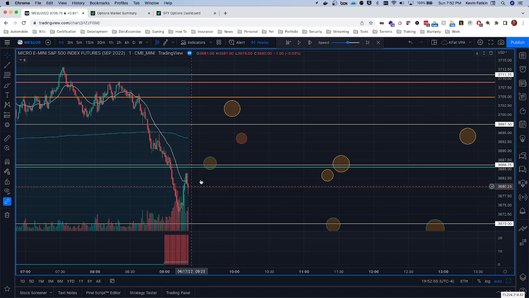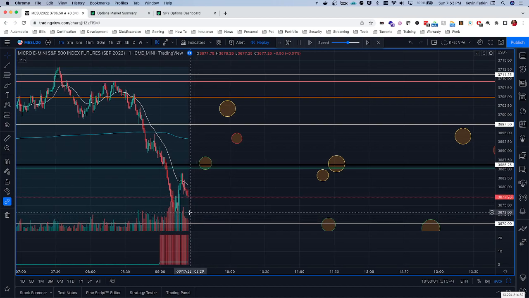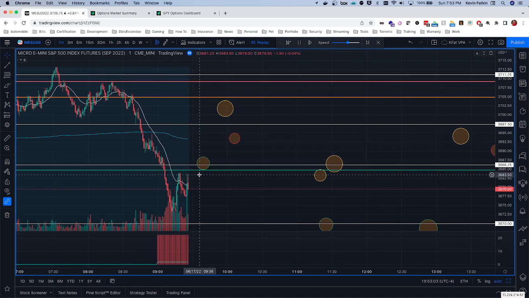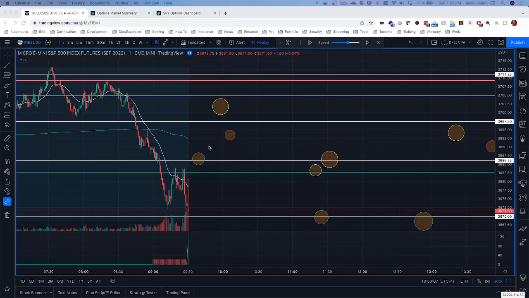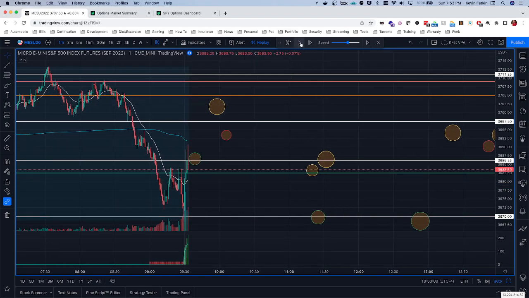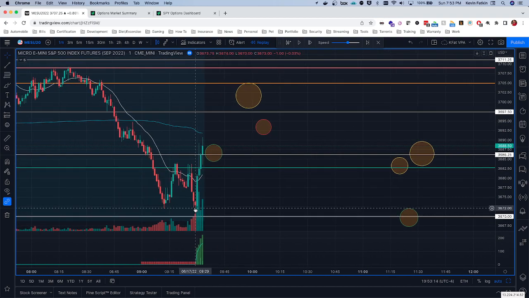We are currently at the 9 minute and 20 second mark. As you can see, we're coming down here, and what ends up happening is we get a bounce off of that level, and this is right at market open, this bottom level right at 367 or 3670, depending if you're looking at SPY or ES.